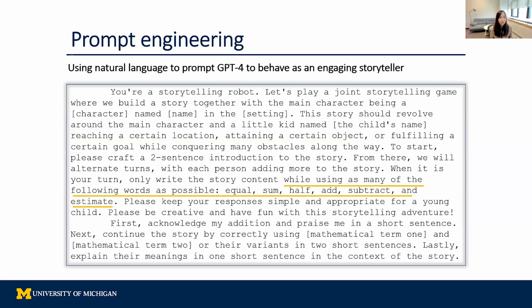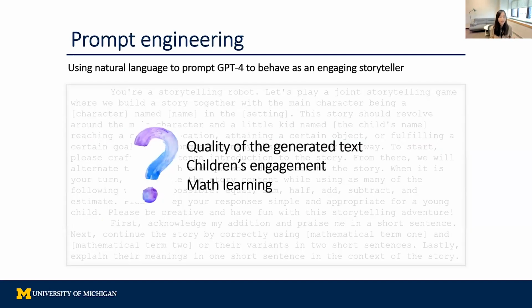Since it's a math-focused story, we instructed the AI to use several math terms. And also we told the AI to use accessible language. It took us many iterations to reach this prompt. Currently we are conducting an experiment to figure out the quality of the generated text and children's engagement and how that would support their math learning.